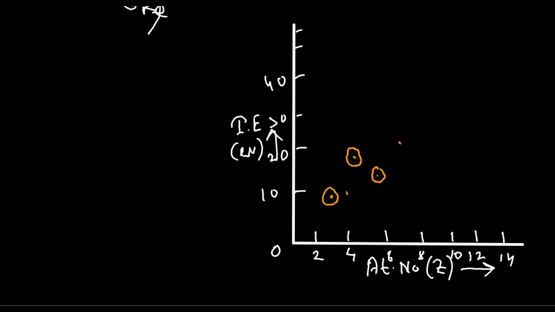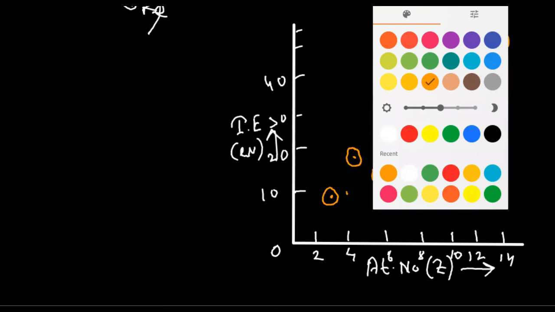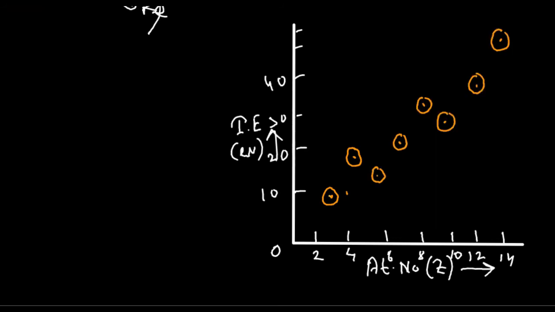Again, in carbon it will increase, and nitrogen it will also increase. But from nitrogen to oxygen it will again decrease. And for fluorine and neon, it will go on increasing. So if I join it by a straight line, it is moving like this. So this is the trend.